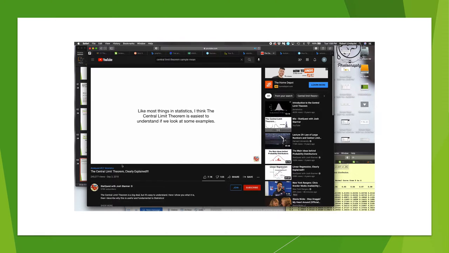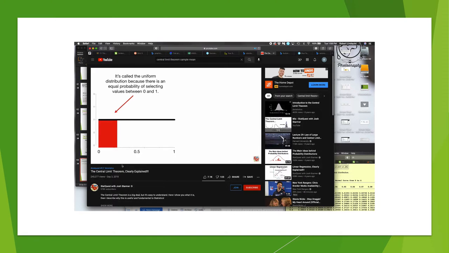Like most things in statistics, I think the central limit theorem is easiest to understand if we look at some examples. So let's start with a uniform distribution. This one goes from 0 to 1. It's called the uniform distribution because there is an equal probability of selecting values between 0 and 1.